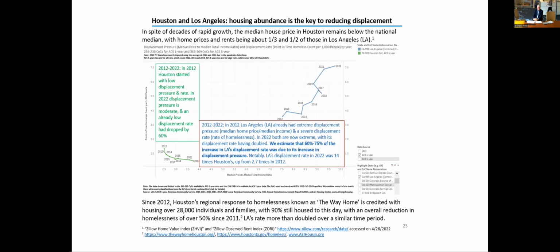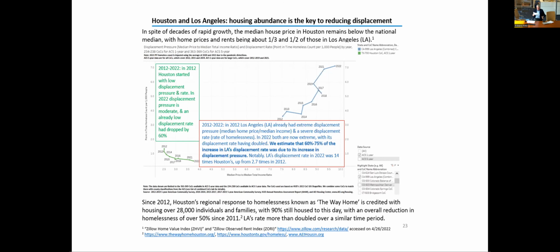And when we look at the y-axis, that is the displacement rate. We take the point in time count, and calculate per thousand population, and we now have a displacement rate. The displacement rate in Houston started out low, and they had a low displacement pressure.